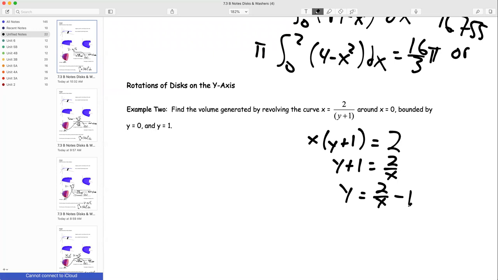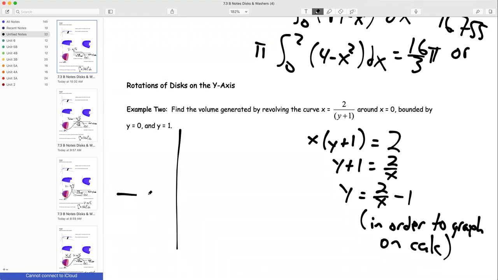So in order to graph on the calculator, I'm going to write it like this, put that into your calculator, and then make a little sketch of the graph.